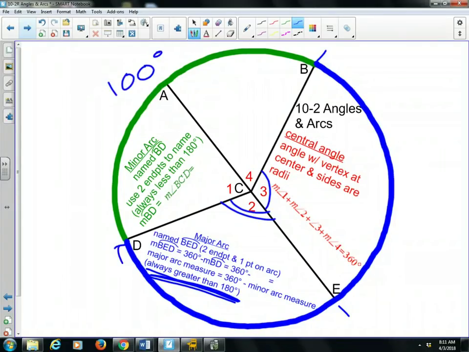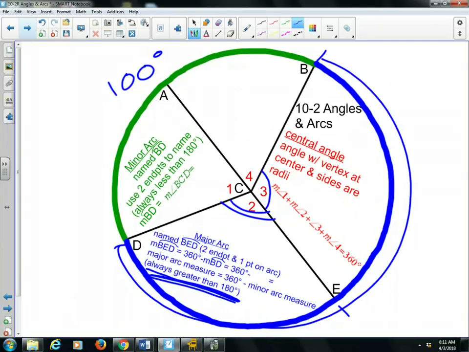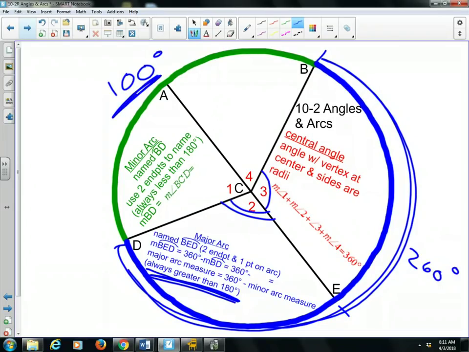Well, that means that this arc right here has to be 260 degrees. Because 360 minus the minor arc of 100 gets us the major arc of 260. So the formula 360 minus the minor arc, which is 100, gives us 260 degrees.